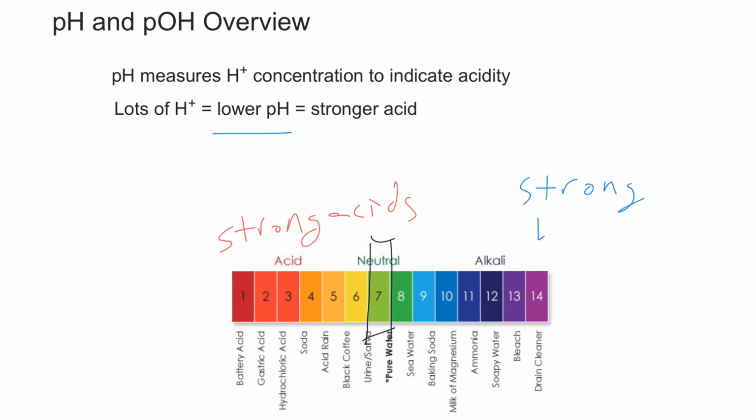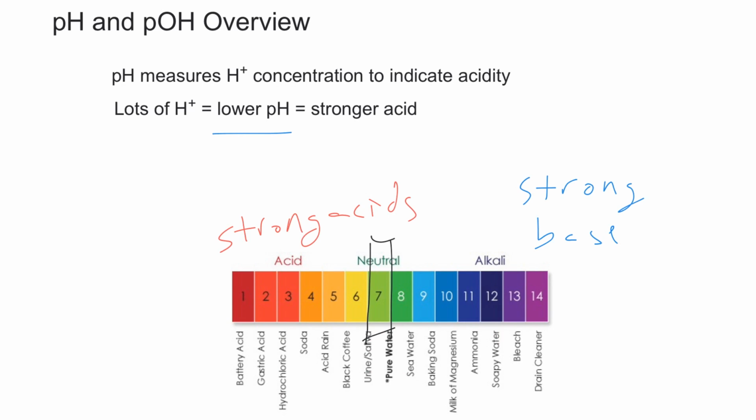But values that are closer to 7, like 8, 9, 10, are weaker bases. As you can see in the examples, things like battery acid and gastric acid are very acidic, and things like bleach, soapy water, drain cleaner are very basic. And finally, pure water is simply considered neutral.